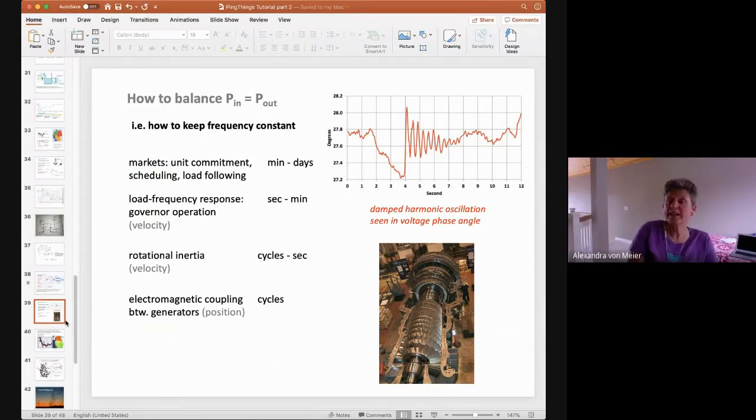Good question. We can observe it in either. Because if you think about a harmonic oscillation, let's suppose that what we're looking at is roughly sinusoidal. The rate of change of a sinusoid is a sinusoid. The frequency is just the rate of change of degrees. So we should be seeing that same shape, whether we're looking explicitly at the angle or at the frequency, which is the rate of change of angle.